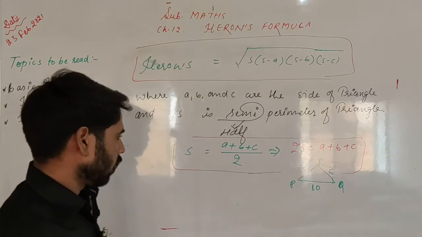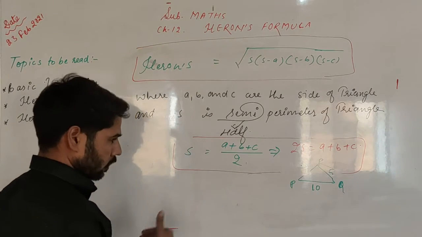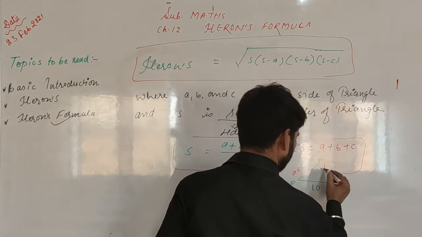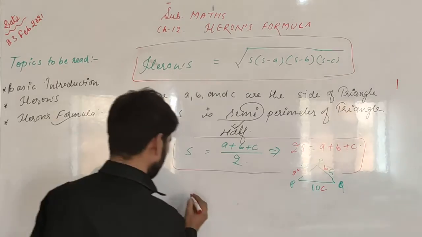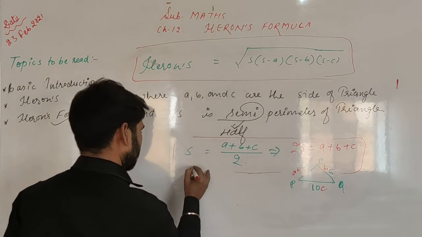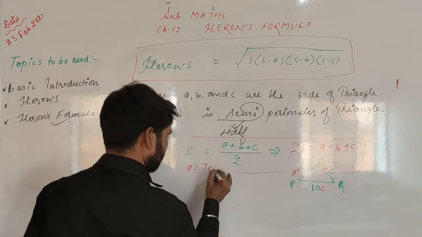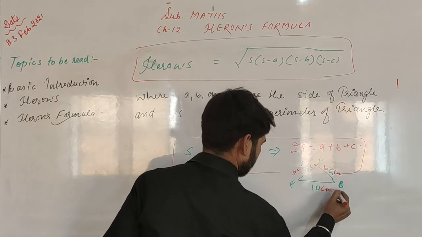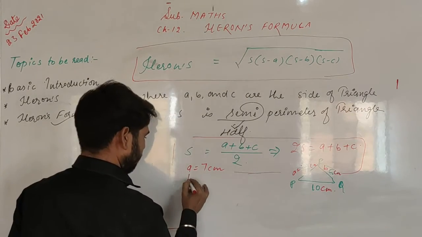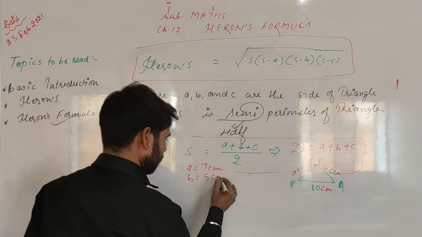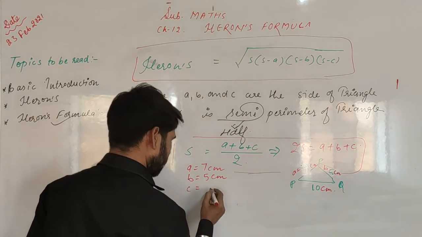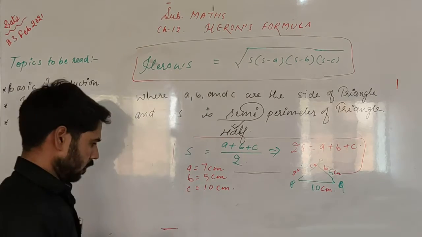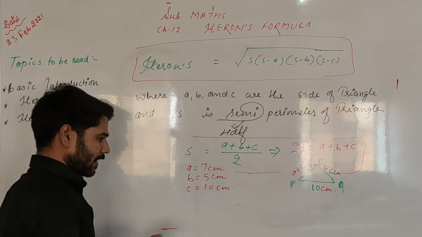So here three sides are given. If we write A, B, C, here A is 7 centimeter, B is 5 centimeter, and C is 10 centimeter.